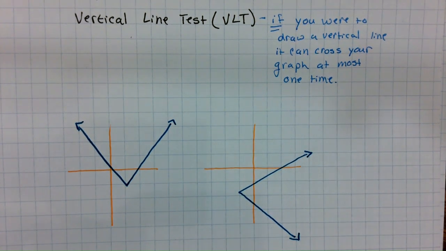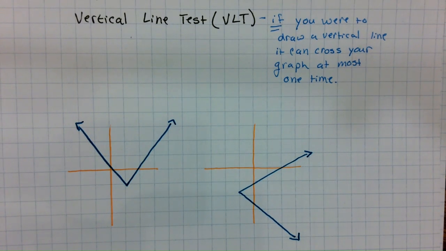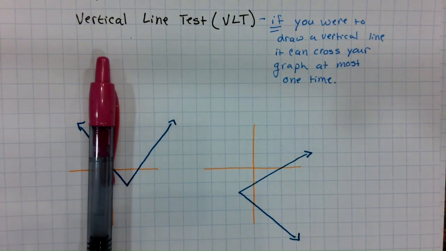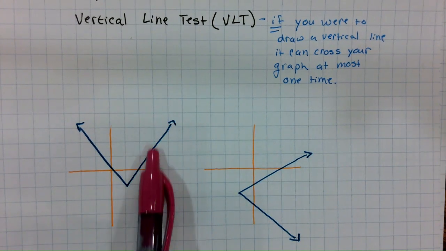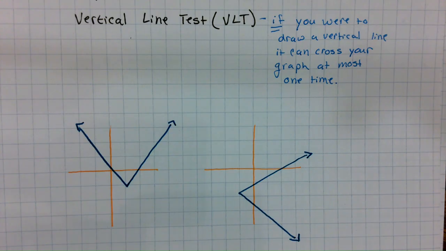So in general, for my Algebra 2 level classes, I'm just going to ask, is this a function? So if I were to draw a vertical line here, it touches once, it would cross once, it would cross once. No matter how far I go out, a vertical line that I drew would touch at most one time.